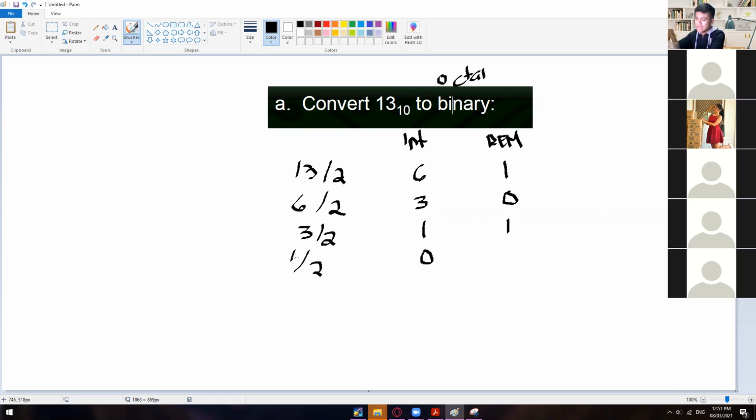And then whatever is the last value of your number right here, just copy that one as your remainder. Once the value of your integer part is already 0, that's the time that you will stop and then read the numbers from bottom to top of the remainder column. So your answer right here is 1101 base 2.